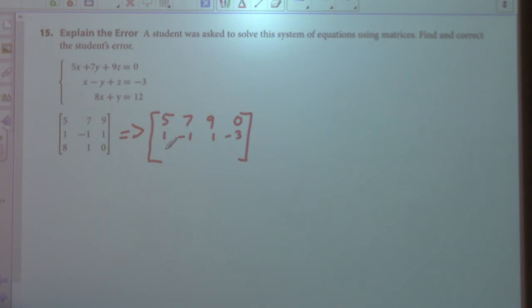And the last one is 0, 8, 1, 0, and 12? 12, okay. So is that going to be our right augmented matrix for that? Yeah, it is, okay. So that's going to be our answer to number 15.